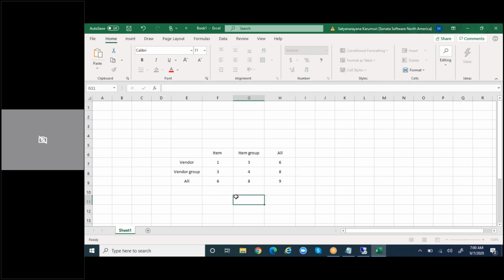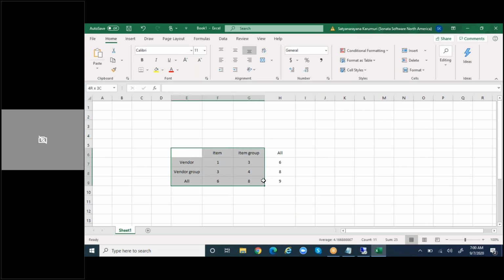This is 9. This item group you have entered is 3. That is 2, item group 2, and this is 2 and 3. It may be 2 or it may be 3, but both you enter as 3 only. Yes, because that is based on the setup. I will show you that later.